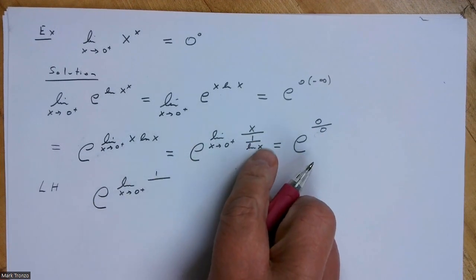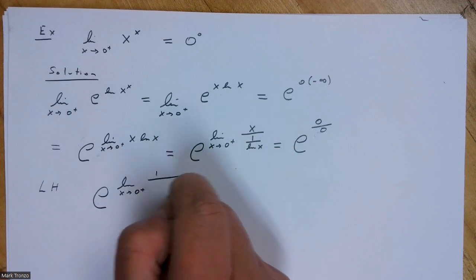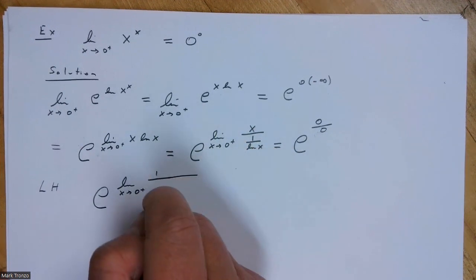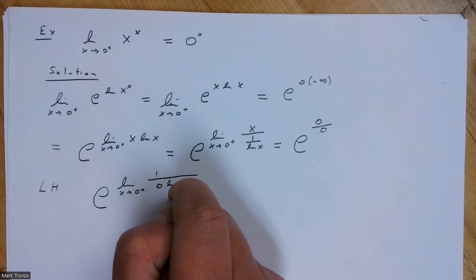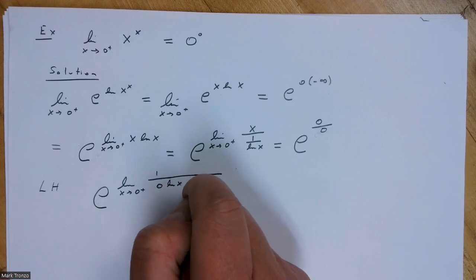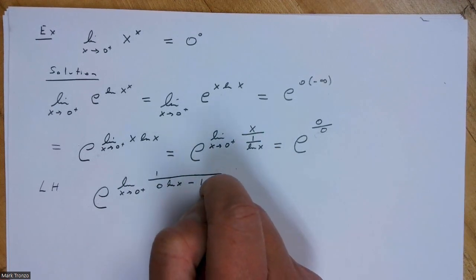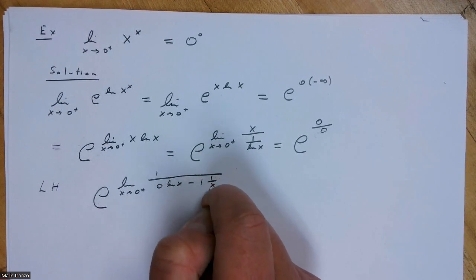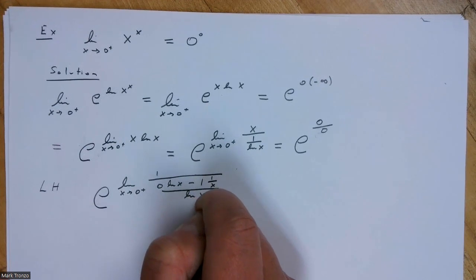Now this gets a little bit tricky here. This is going to be like a quotient rule. So this will be derivative of the top times the bottom minus the top times the derivative of the bottom, which is 1 over x, all over the bottom squared.